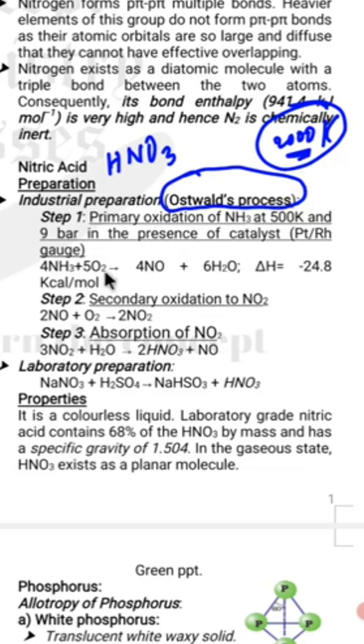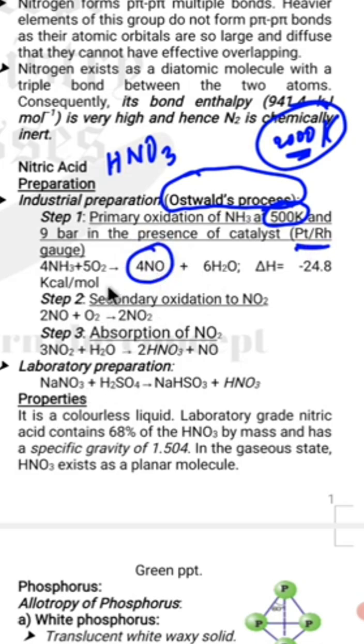But when ammonia and oxygen are reacted, that happens at 500 Kelvin. This is comparatively lesser energy, lesser temperature. So ammonia and oxygen are reacted at 500 Kelvin and 9 bar in the presence of the catalyst platinum-rhodium gauze, and they form nitric oxide.